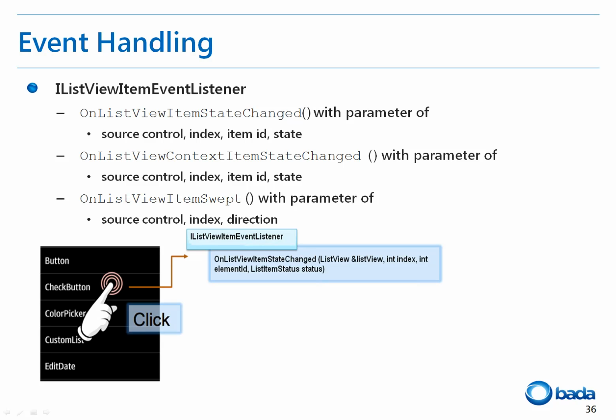Different callbacks are associated with different events. For example, if an item is touched or its selection status has changed, the OnListViewItemStateChanged function of the IListViewItemEventListener class is called. The source control, index, item ID, and state are passed through the parameters.